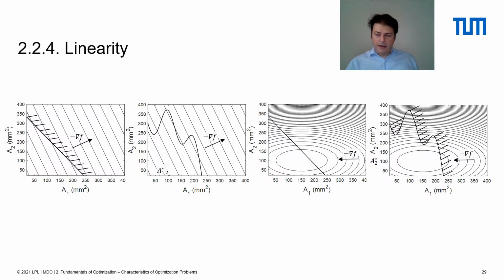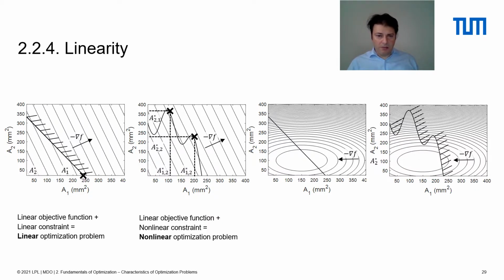And again, similarly to convexity, if your problem is linear, you can use different solvers that are made for this. They're more efficient. But now let's look at the criterion when your optimization problem is actually linear. When your objective function and your constraint functions are linear, then you do have a linear optimization problem.